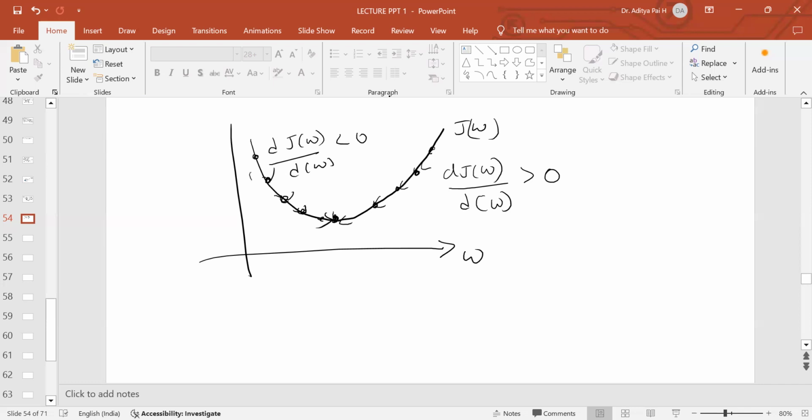So when it's going on this side, the derivative is less than 0, and here the derivative is greater than 0.